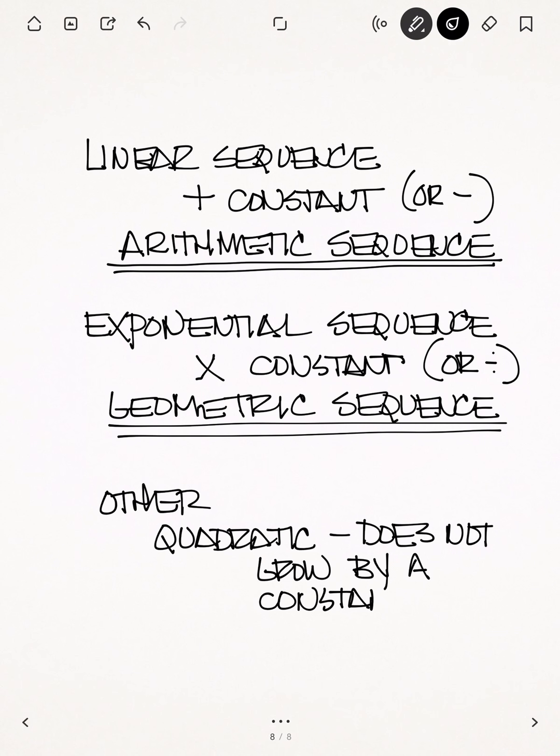And we don't have a special name for a quadratic sequence or the other sequence. So all you have to worry about are the arithmetic and the geometric sequence. Look to see, is it adding or subtracting each time? It's arithmetic. If it's multiplying or dividing each time, it's geometric. And that is all for today.